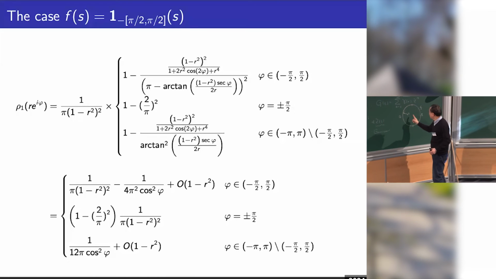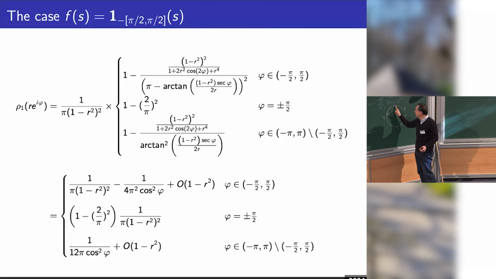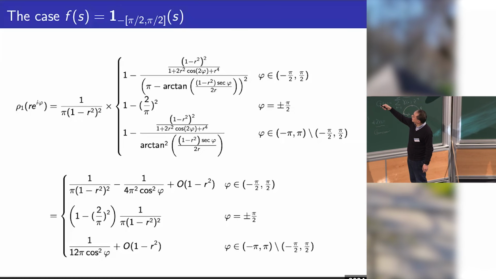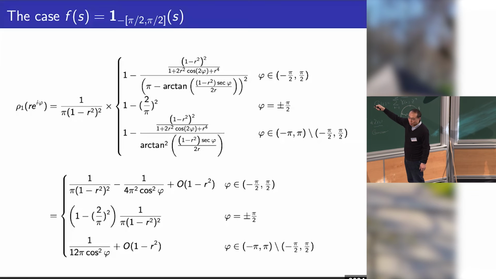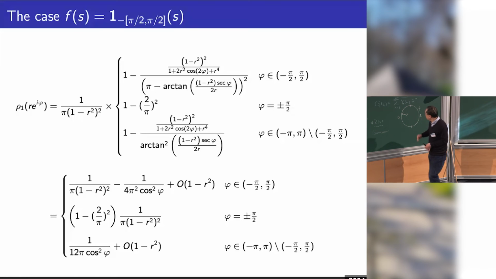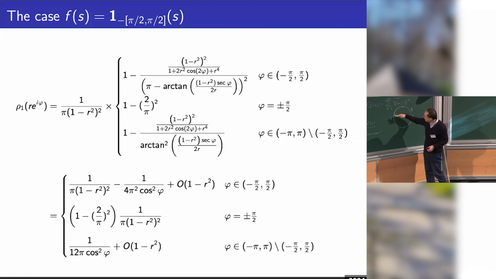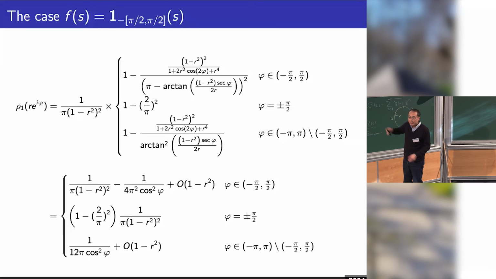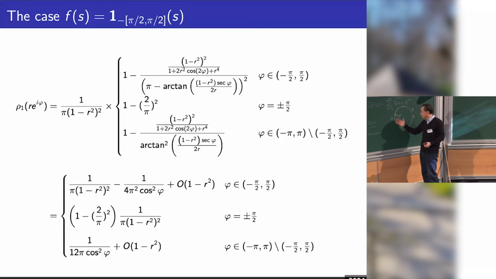But if you approach the boundary along this line or this line, then the density decreases much. So here it is constant, but this constant is strictly less than 1. And if you consider this direction, then the density is order 1. So there are very few zeros on this side.